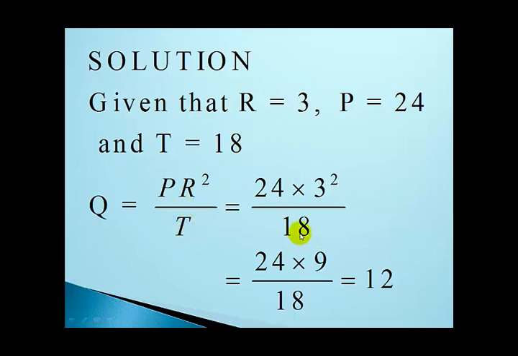So in doing that, P R squared over T will now be P times R squared, that is 24 times 3 squared, divided by 18. Now 3 squared is equal to 9. So you have 24 times 9 divided by 18, and the answer is 12. This means that the value of Q is equal to 12 when R equals 3, P equals 24, and T equals 18.